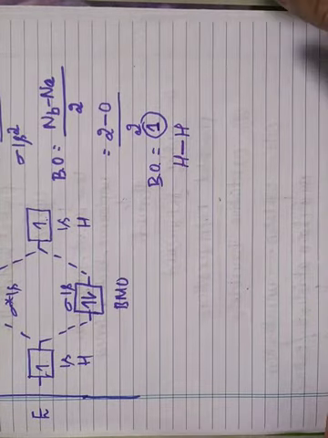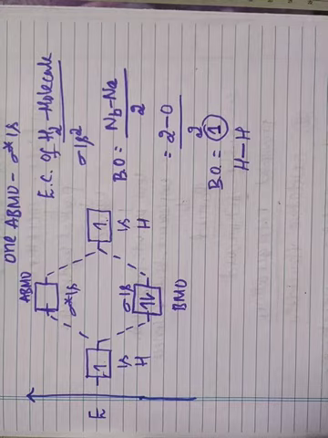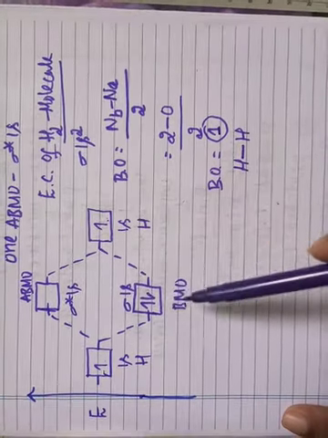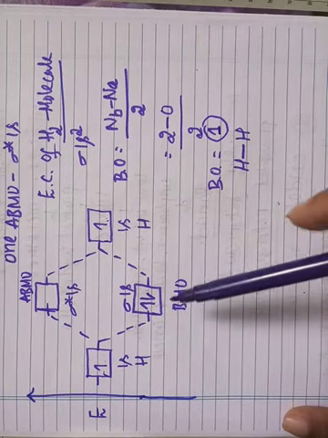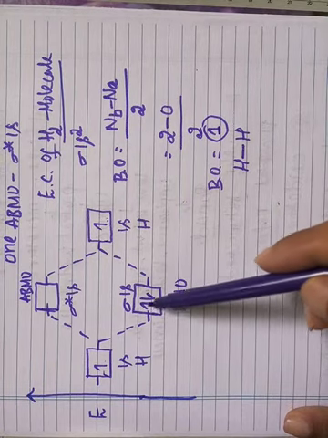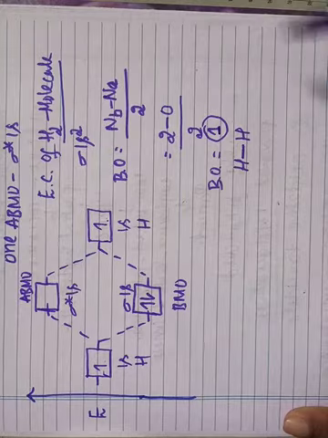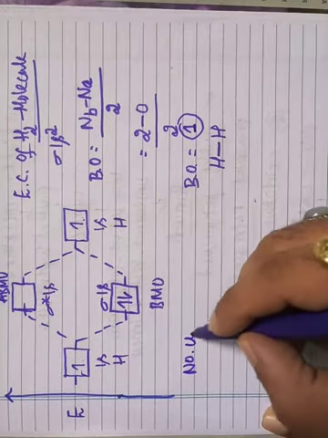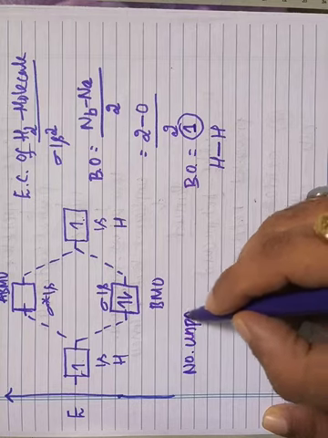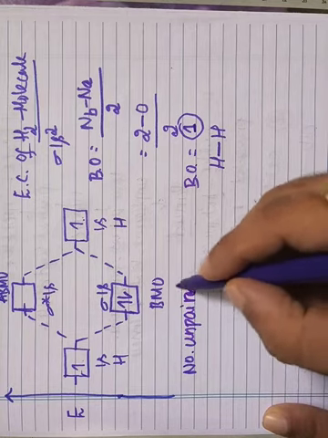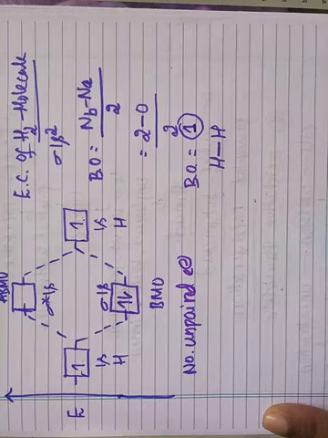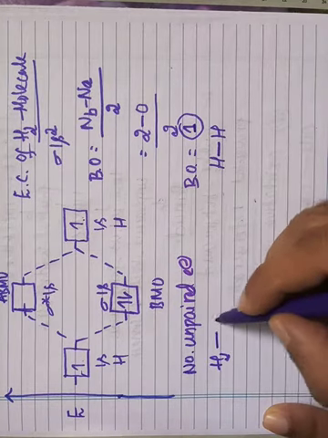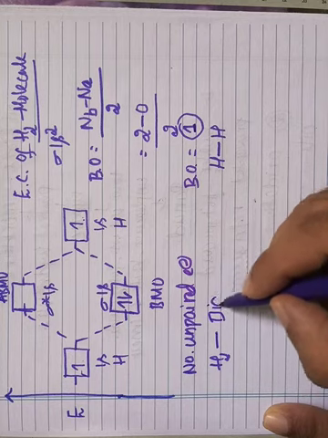If we discuss the magnetic property, in these molecular orbitals there are no unpaired electrons. Only paired electrons are present. Therefore no unpaired electrons are present in the hydrogen molecule, so the H2 molecule is diamagnetic in nature.